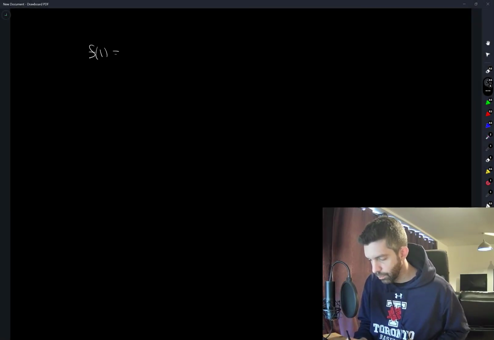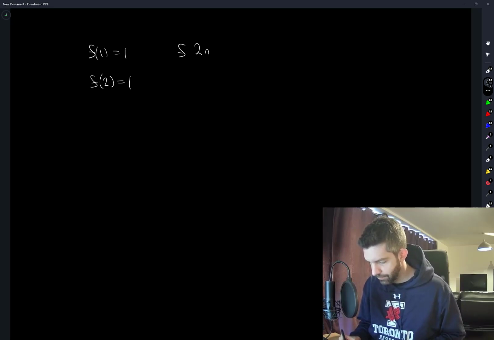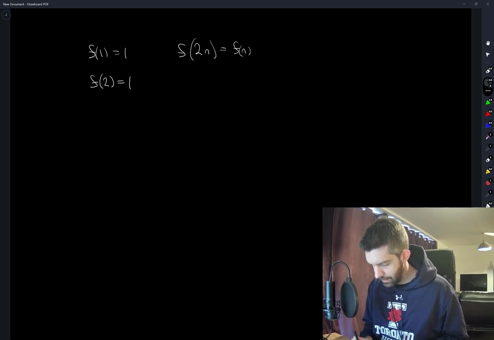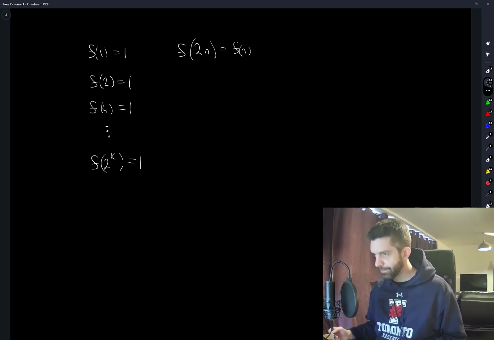F of 1 is equal to 1. F of 2 is equal to 1 because f of 2n is equal to f of n. Okay, so if I now let n equal 2, I have f of 4 is equal to 1. So f of 2 to the k is always equal to 1.